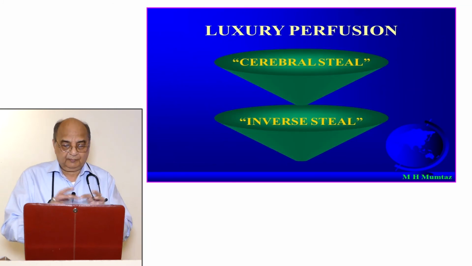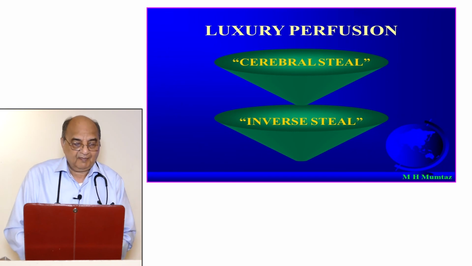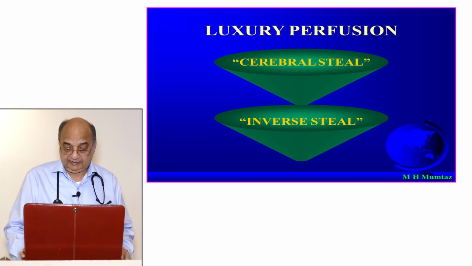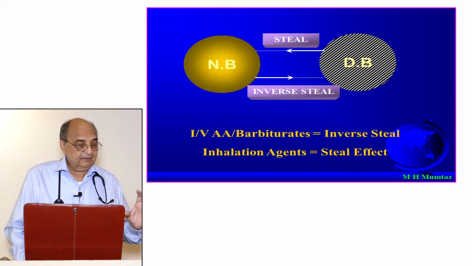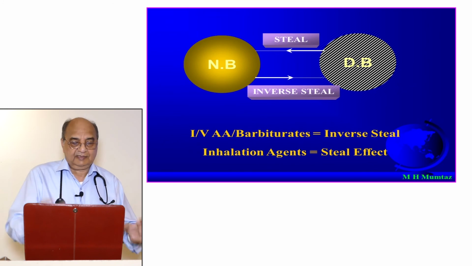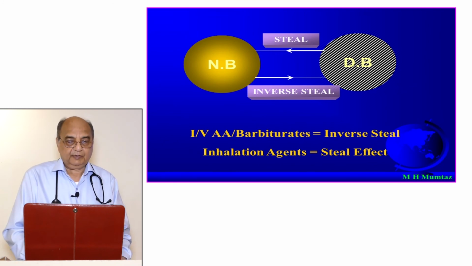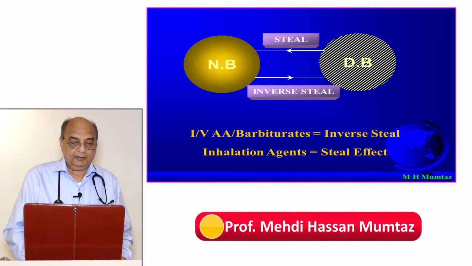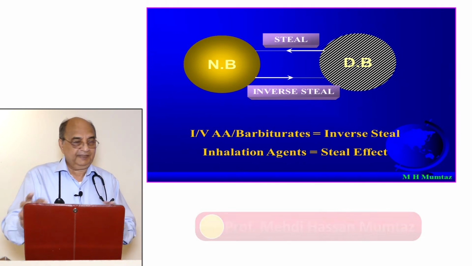Now, one important thing is luxury perfusion. We call it cerebral steal and inverse steal. Here we have normal brain, and here we have normal brain, and this is the diseased part of the brain.